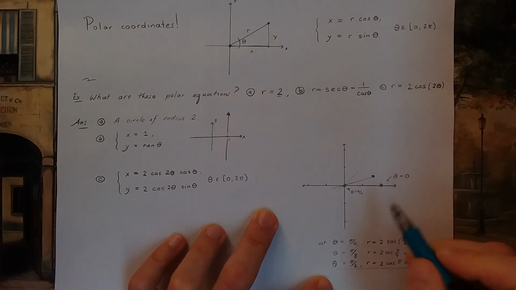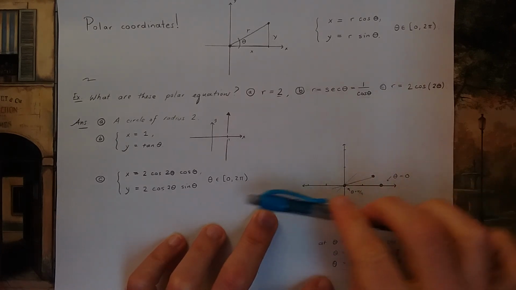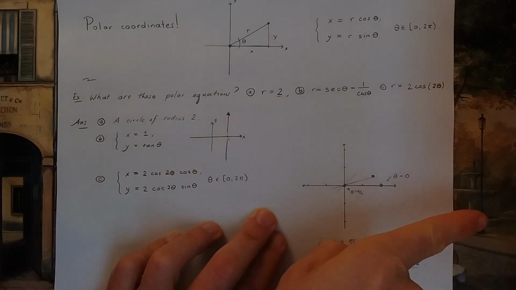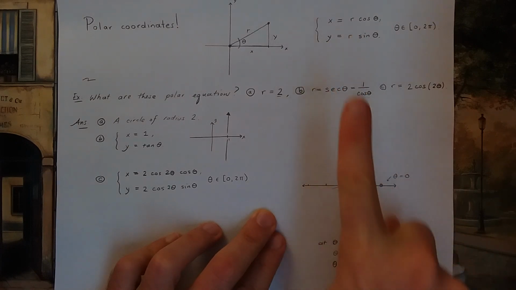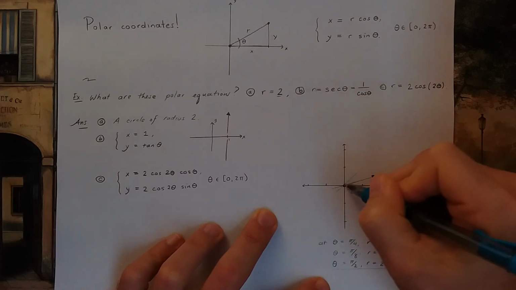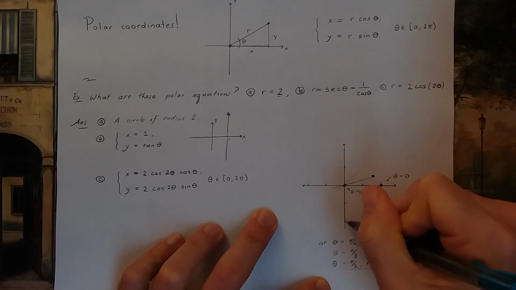So it says, if I rotate an angle of pi over 2, so I start pointing east, then I rotate pi over 2 radians. Now I'm pointing straight up. I walk a distance of negative 2. So I point straight up, but then r gives me negative 2, and I'm way down here at this value.